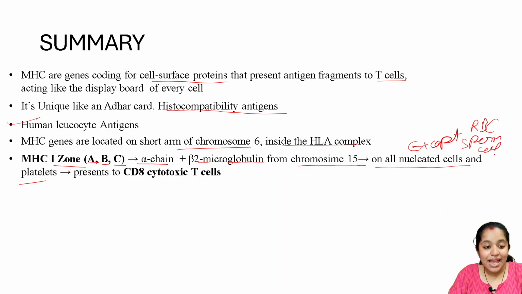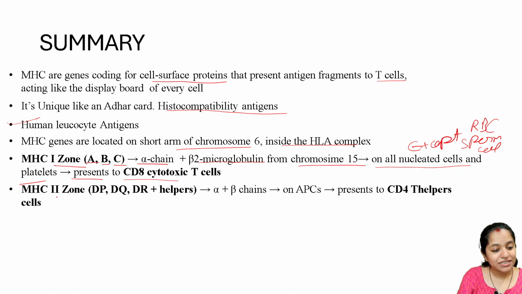Clear? And this MHC1 presents the antigen to CD8 cytotoxic T cell. Now your MHC2 zone has genes like DP, DQ and DR, which form proteins like HLA-DP, DQ and DR, which form the alpha and beta chain of MHC2 molecule, which is present on antigen presenting cells.